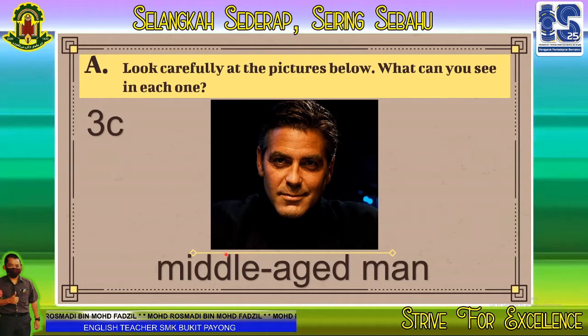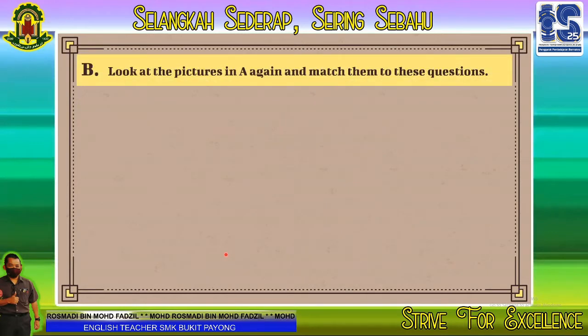Now let's move to exercise B. Exercise A tak perlu tulis apa-apa lagi. Now we look at exercise B. Exercise B pun tak perlu tulis. No need to write anything yet. Belum lagi ya. So here the instruction. Read the instruction.